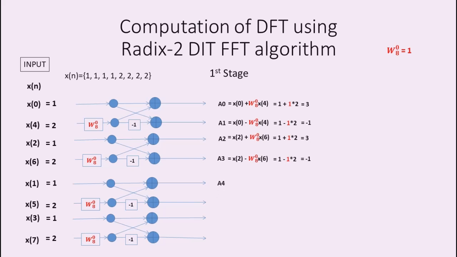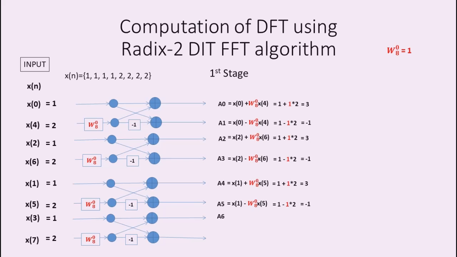A4 is calculated from x1 and x5, and that's equal to 3. A5 is also calculated from x1 and x5, and that's equal to minus 1.